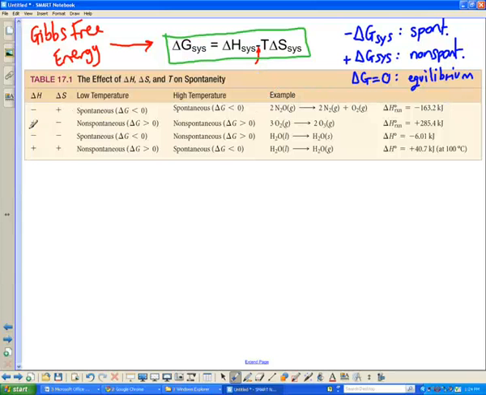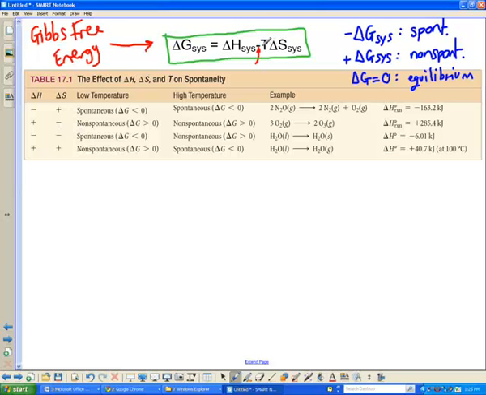So when we switch our signs and look at the plus and the minus here, a positive delta H means endothermic, which may give a positive sign too, which is not what we want. A negative delta S, again, suggests not spontaneous. And when you think about signs, negative times a negative is a positive.